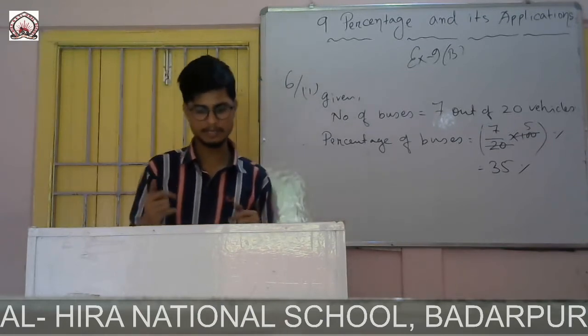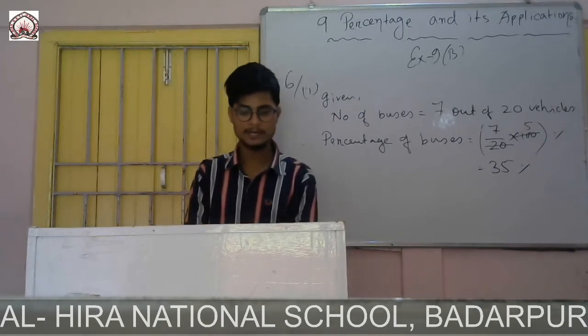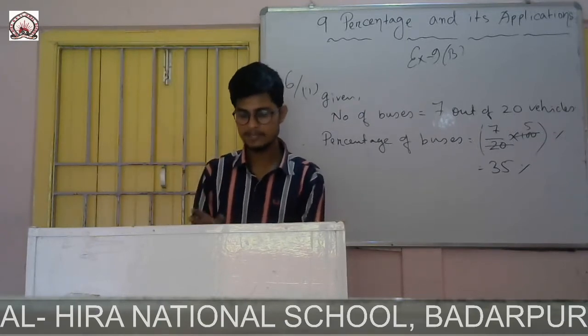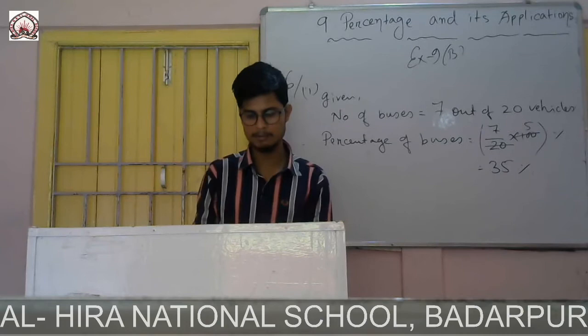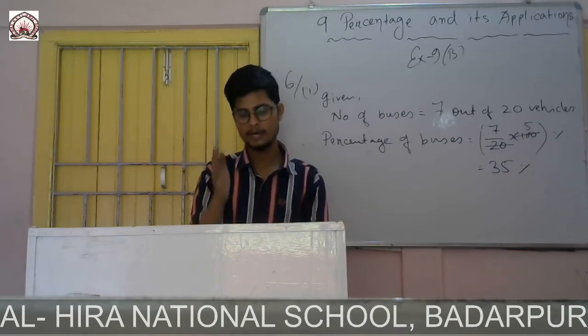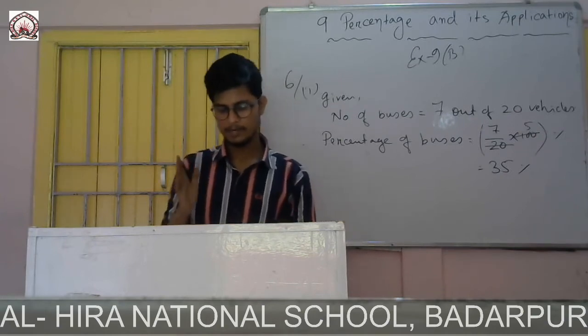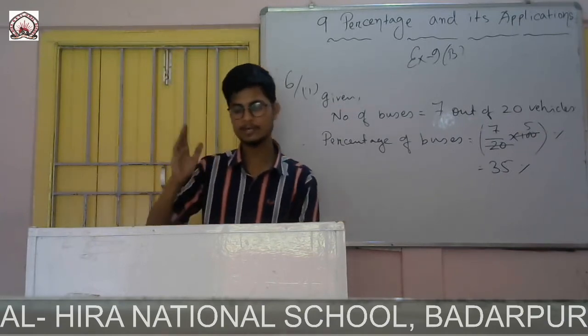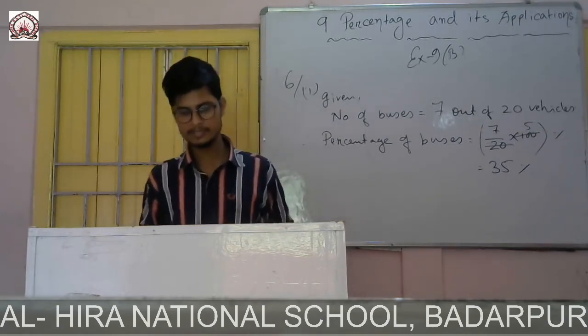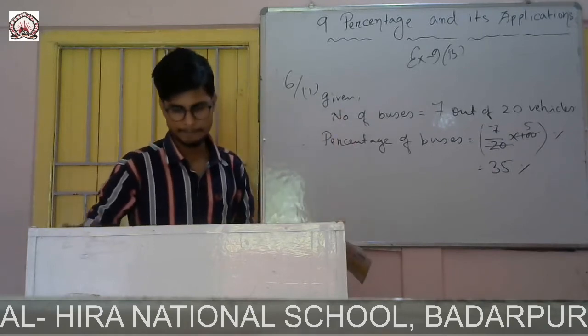The rest we can find easily, but first I have to find what percent was sold to senior citizens. It is given that out of 400 tickets, 144 tickets were sold to senior citizens. So like this one, we will write directly.